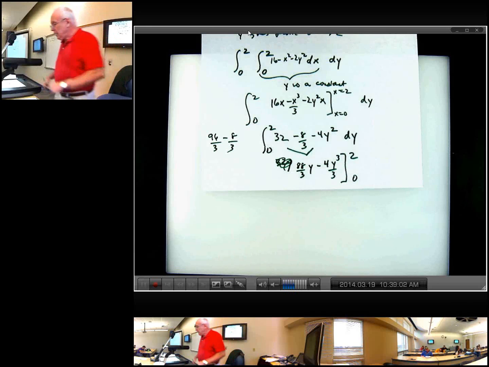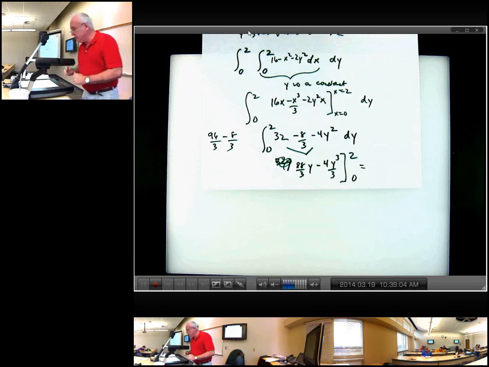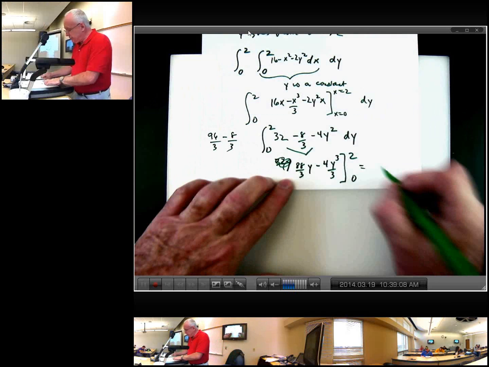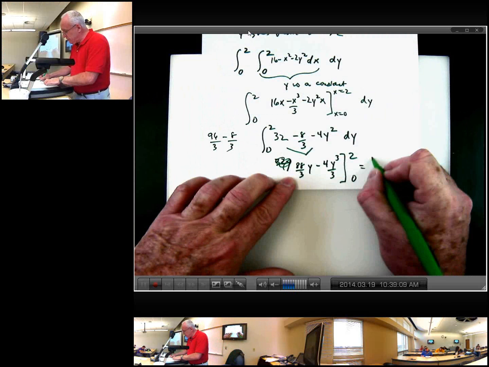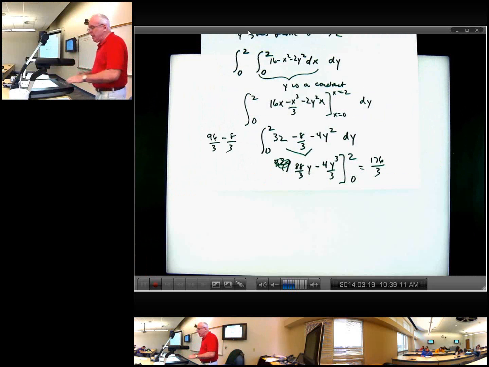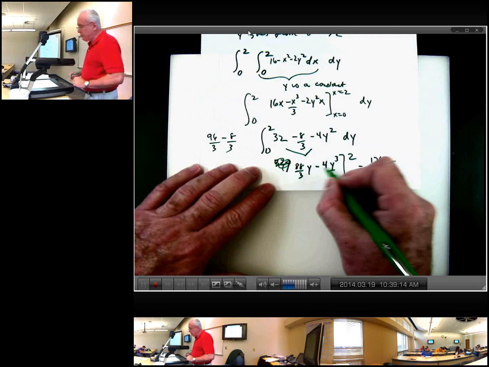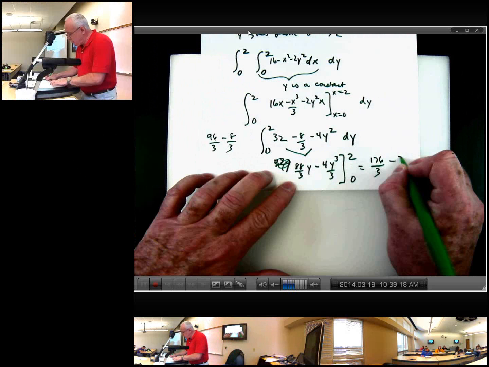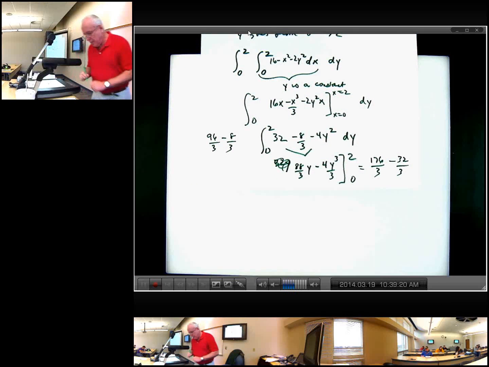Again, we're lucky with 0 because that cancels things out at the bottom. Here we're going to have 2 times 88 over 3, that's 176 over 3, minus 4 times 2 cubed, which is 8, so 4 times 8 is 32 over 3.